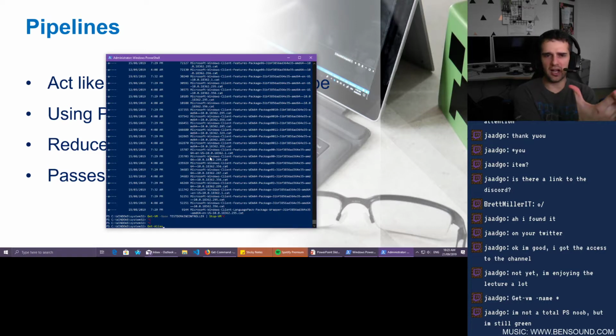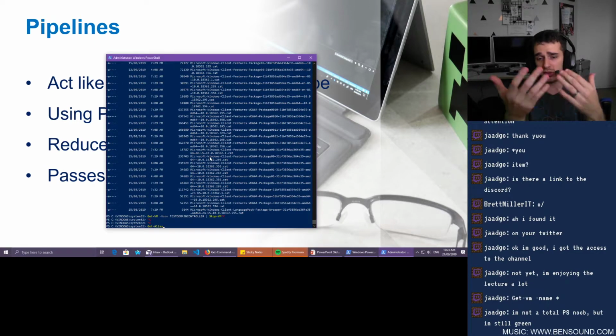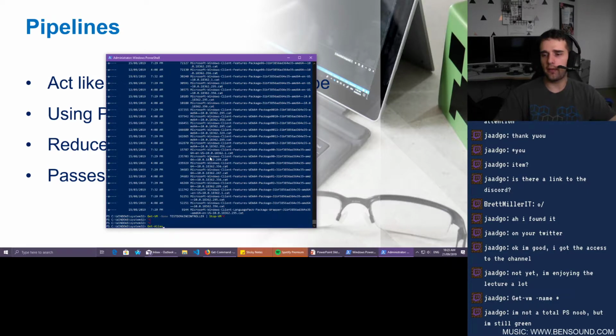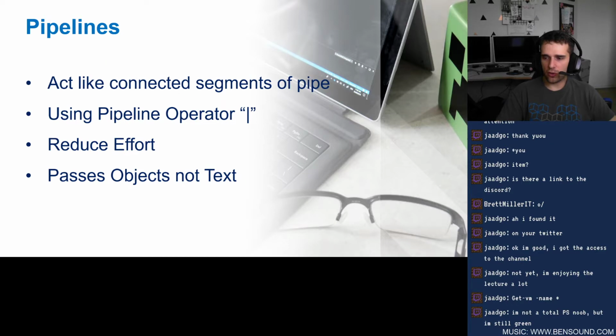So we took the output data from that test domain controller, and then we passed it into Stop-VM, which Stop-VM is aware of and is able to handle, and has then had the information needed to turn off the virtual machine. So what's the difference between a command prompt pipe and a PowerShell pipe is that command prompt passes text.